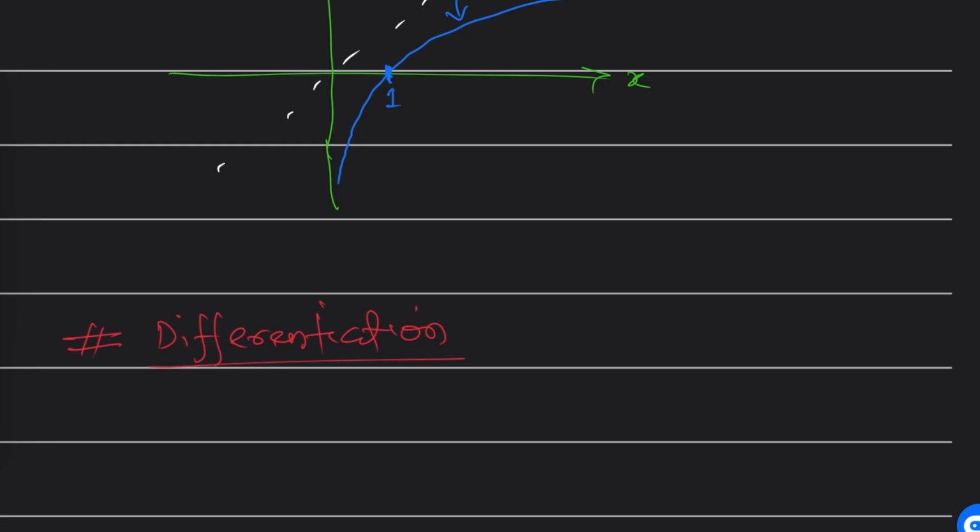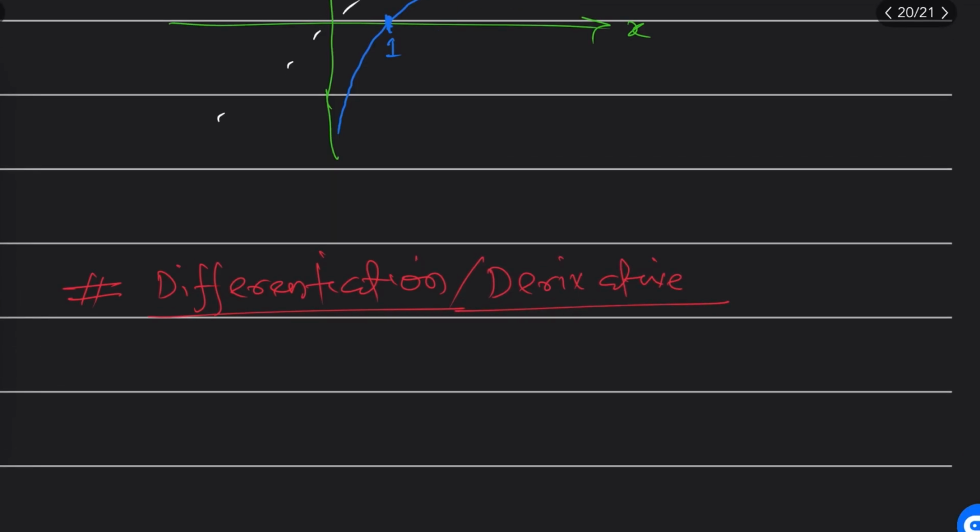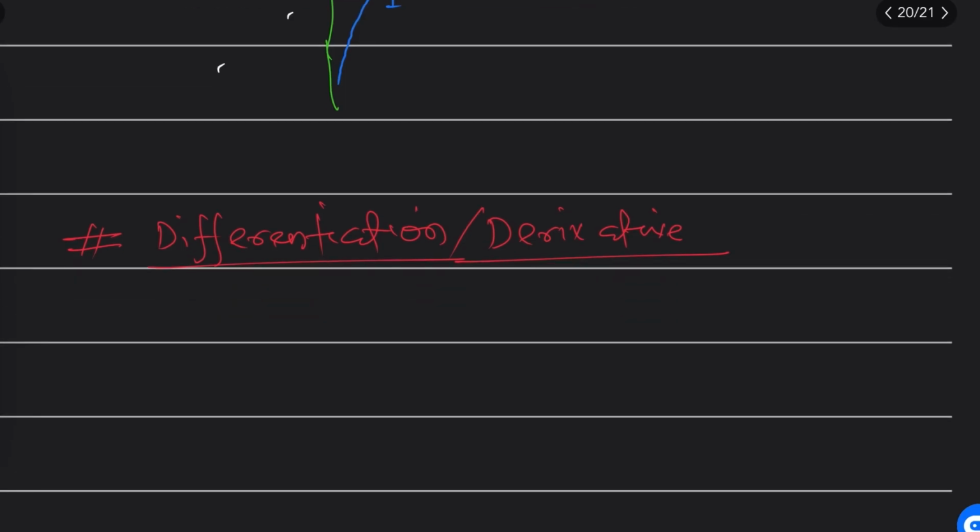Differentiation is also known as derivative. Why are we naming this differentiation and derivative? Let's talk about it and let me introduce it a little bit, because for NEET students this is the first time and will be the last time, since if they are not going to study maths, they will use it in physics only.